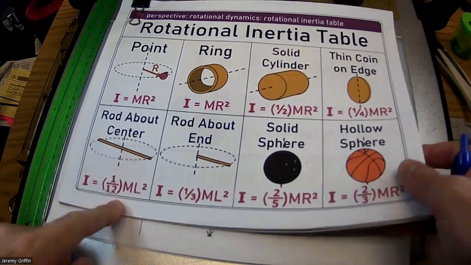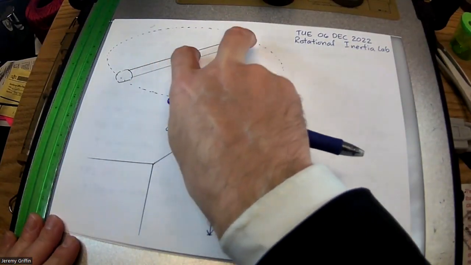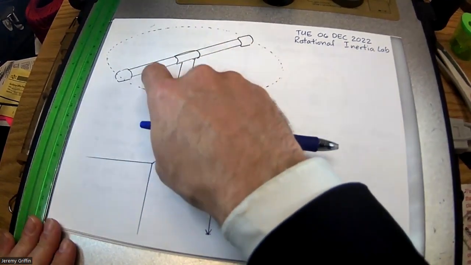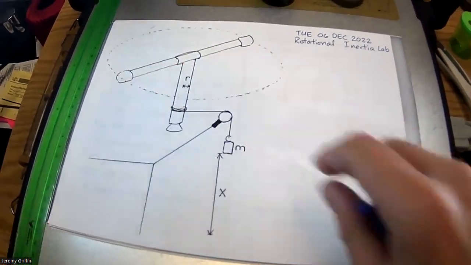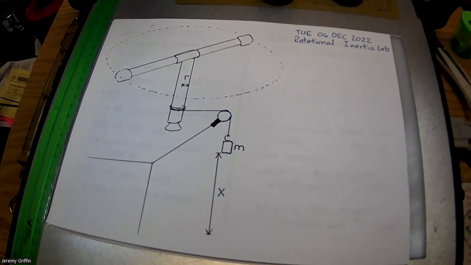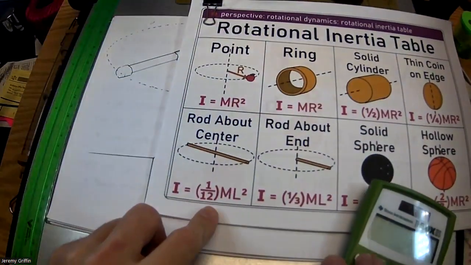So I measured ahead of time the mass of each arm. I got 143 grams each. It's pretty close to uniformly distributed, right? The center of mass is pretty close to the geometric center for each one. So if I punch those numbers into the calculator, I'm going to run 1/12 ML squared.